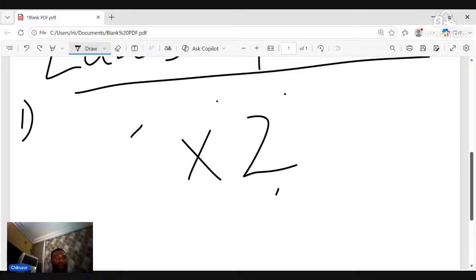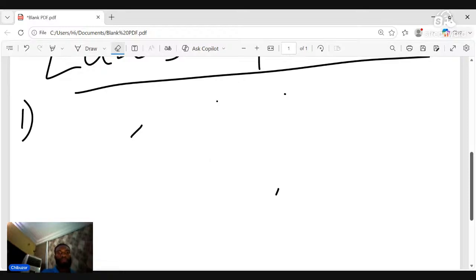So before we go on, there are types of index equations that you face when you are solving an index equation. For the first one, you have a simple index equation. Here you will have to match the base or make the bases equal.